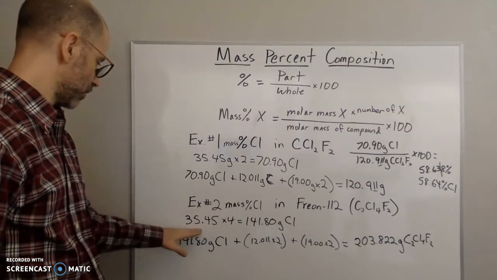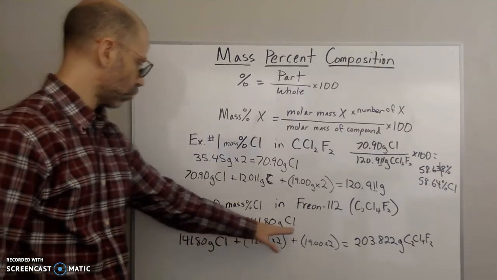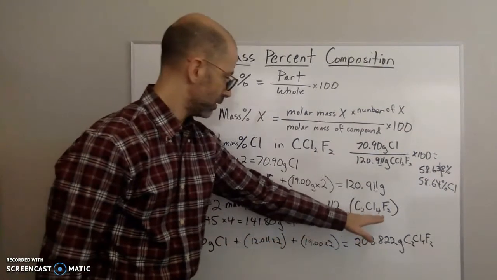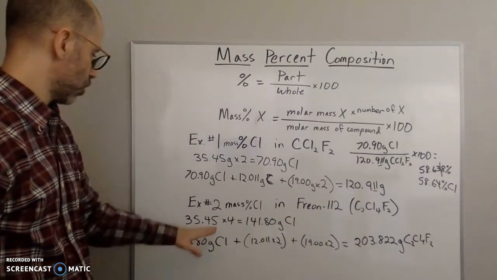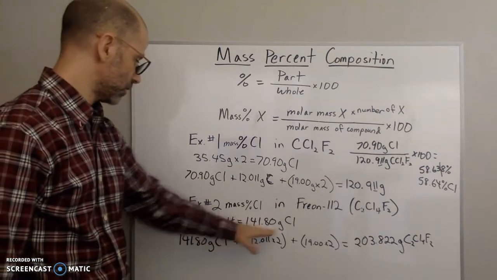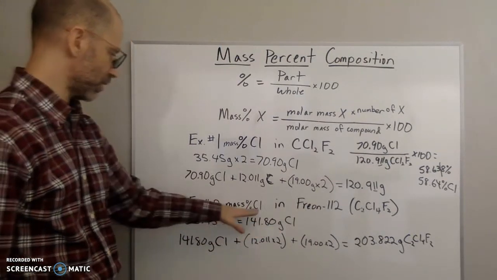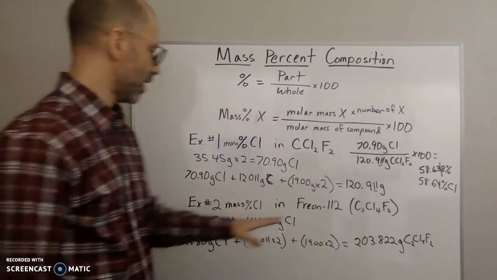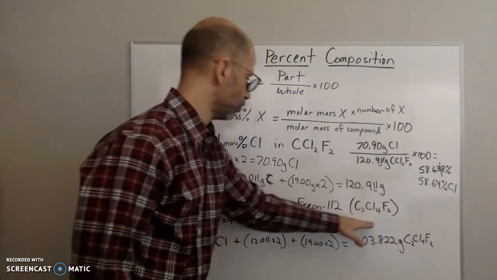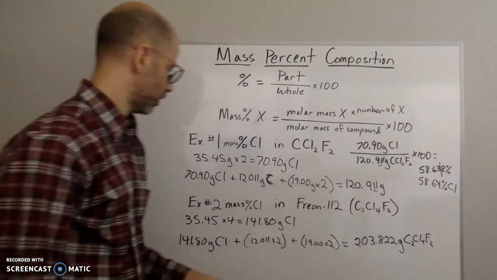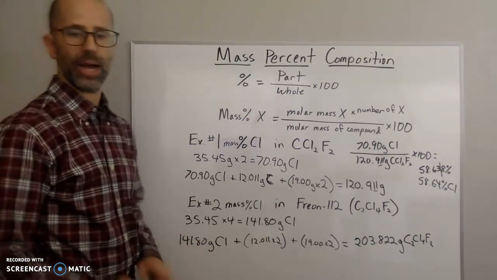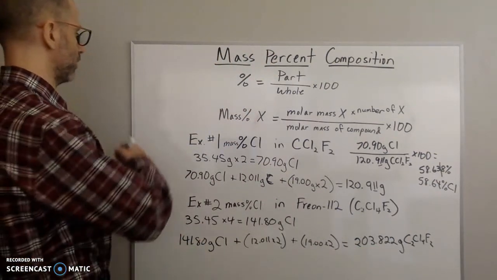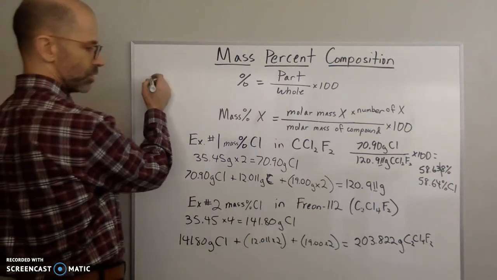So now, once again, I have the total mass of the chlorine in my formula in 1 mole of this substance. That's going to be the part that I'm looking at, because I need the mass percent of chlorine. And then I have the total molar mass of 1 mole of the substance, which is here. And so once again, I do my part over the whole. I'm going to write that up here so I have more space.